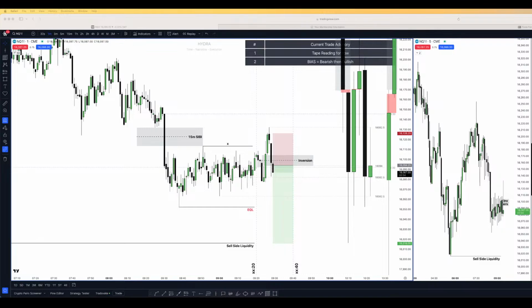So if you see the draw on liquidity is very clean, sell side. So we're rejecting lower.